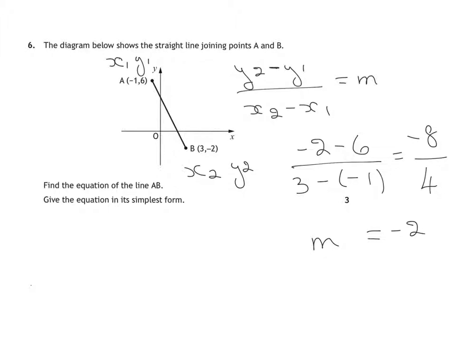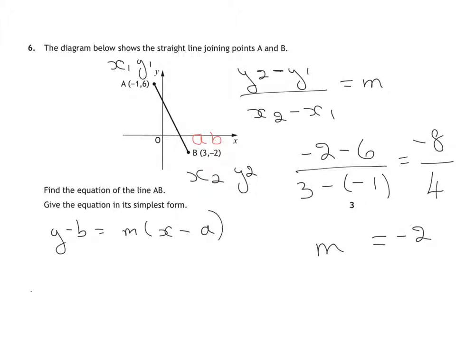Now we need to find the equation of the line. So we're going to sub our negative 2 and pick one of the points. Doesn't matter which one. Just pick one of the points and we're going to sub it into y minus b is equal to m bracket x minus a. Like I said, it doesn't matter which point you use.